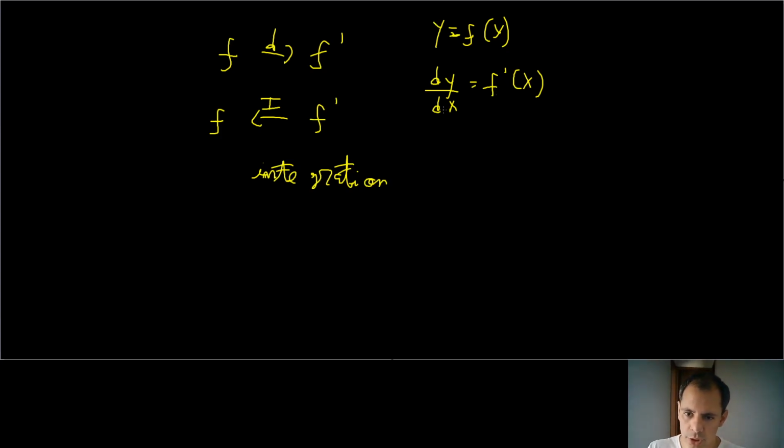Then you have the differentiation here, which is f prime of x. So we can say that dy equals f prime of x dx. Now you can integrate this, which is the anti-differentiation. The symbol is this one.